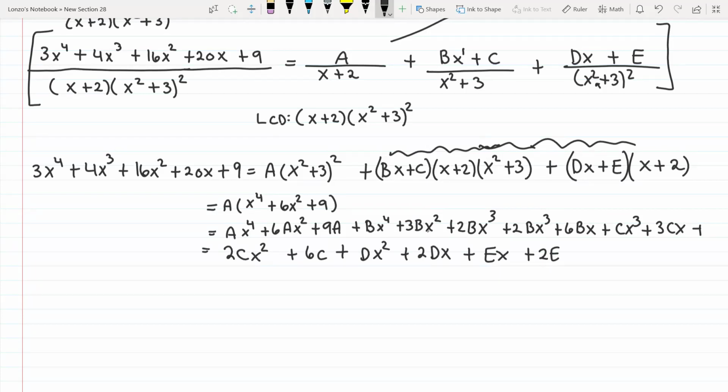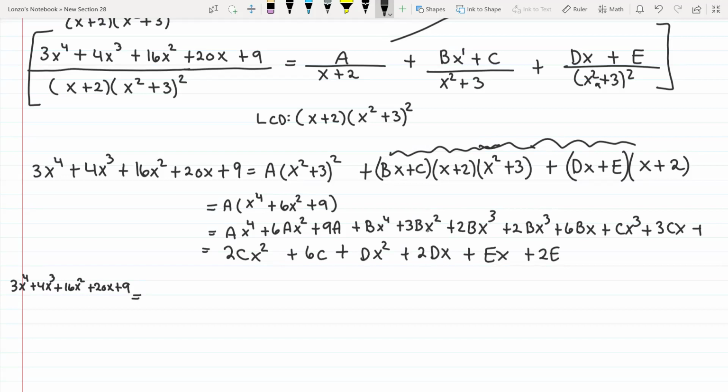Then what you have to do is collect like terms. The left stays the left, it has not changed. On the right, what you want to do is start with the highest power. So circle or box anything with the power 4.